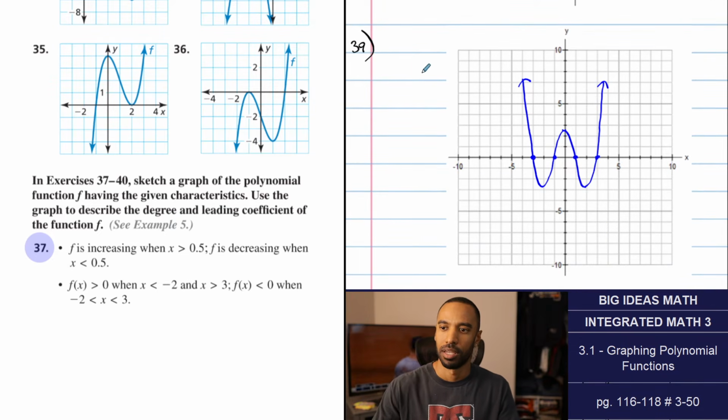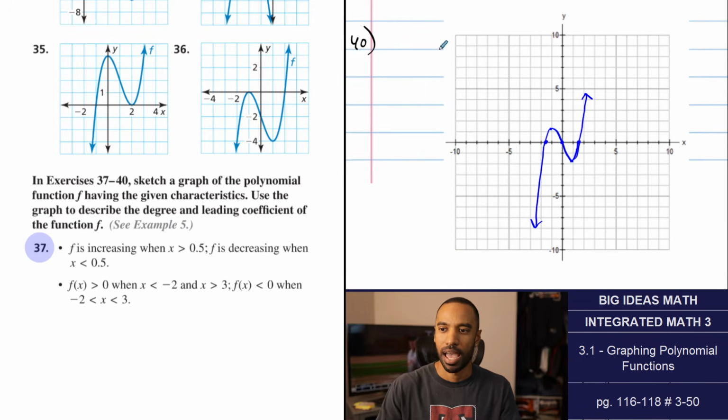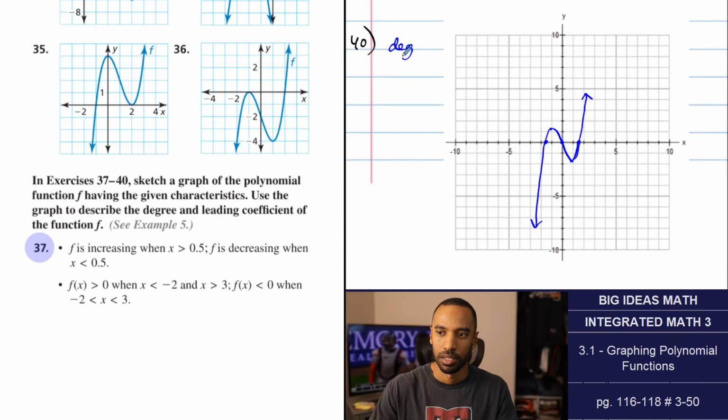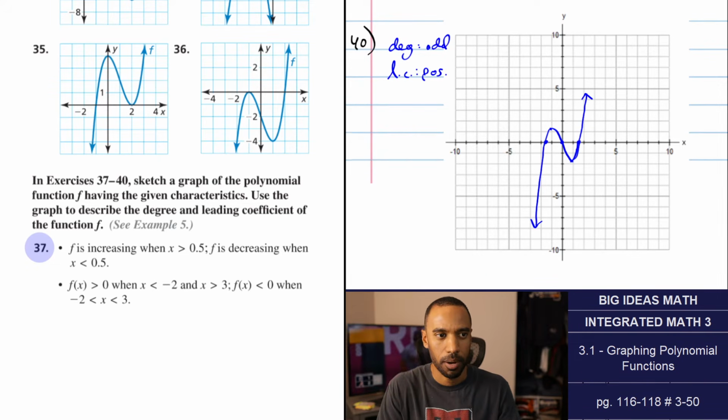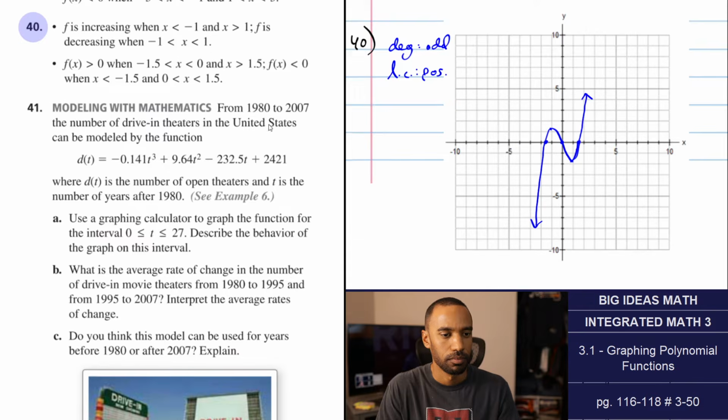Here I have an even degree, starts up, finishes up, and a positive leading coefficient. And here I have an odd degree and a positive leading coefficient. Sorry about those. Okay.